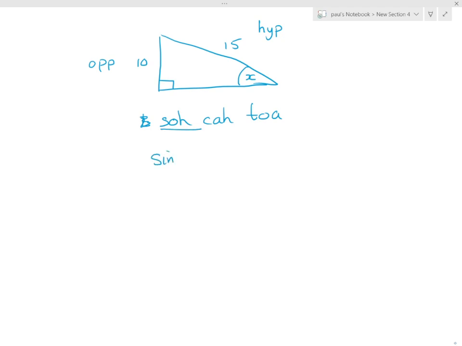So sine x equals opposite over 10 over 15. Right. Now, there's no need to do this in 2 bits. All we need to do is go sine, and then it comes up in your calculator as this one. 10 divided by 15.